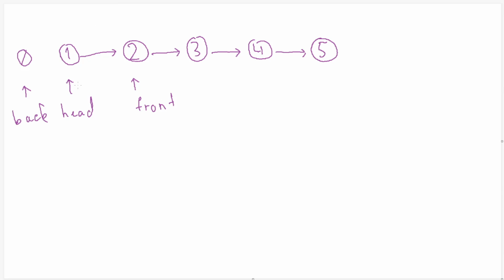And we're going to have head take its current next pointer and point it back to null, like this. And this is going to point to null. And then from there, we can move on by taking the head pointer and putting it to front, like this.